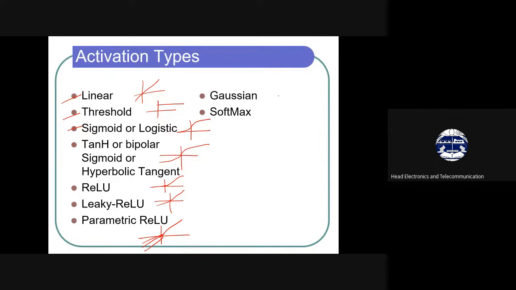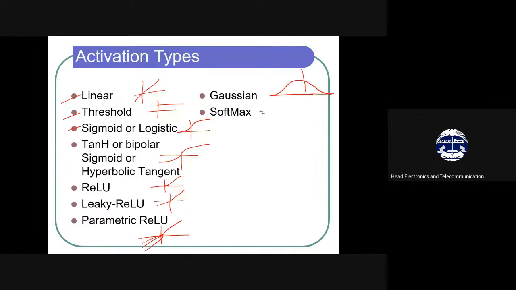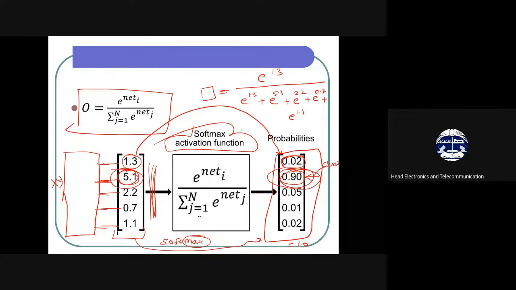There is also a Gaussian, so you can use your Gaussian equation as an activation function. So this is also used. And then you have Softmax, which is this one. Okay, so you will implement this in your practicals. Let us stop here.